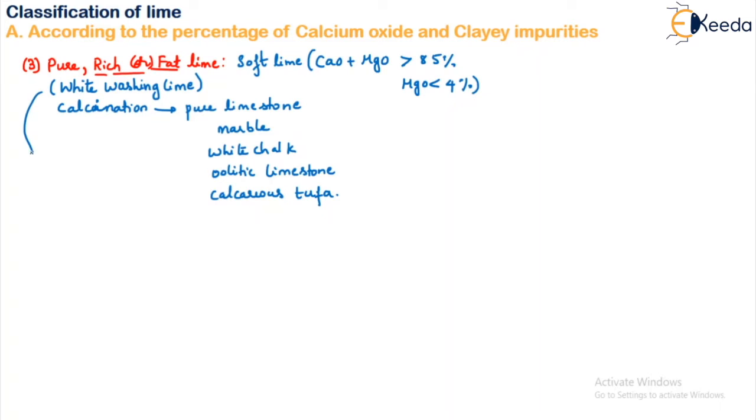So in this type of lime, the impurities should not be more than 5%. The impurities of clay as well as the stones.